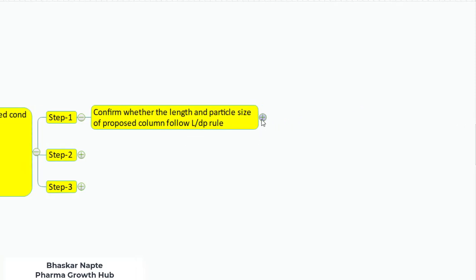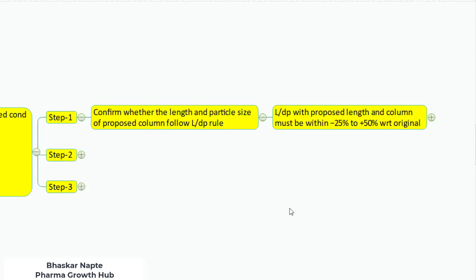So what is the L by dp rule? L by dp with the proposed length and particle size must be within minus 25% to plus 50% with respect to its original value. Original means the monograph value.